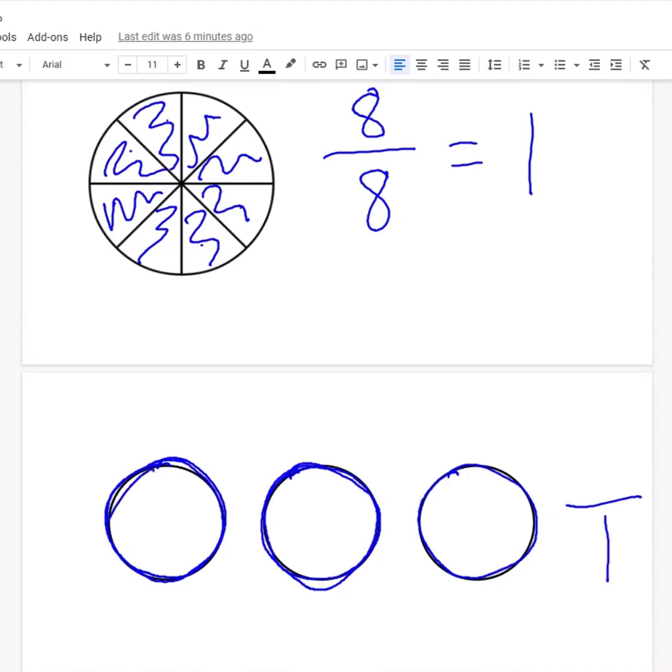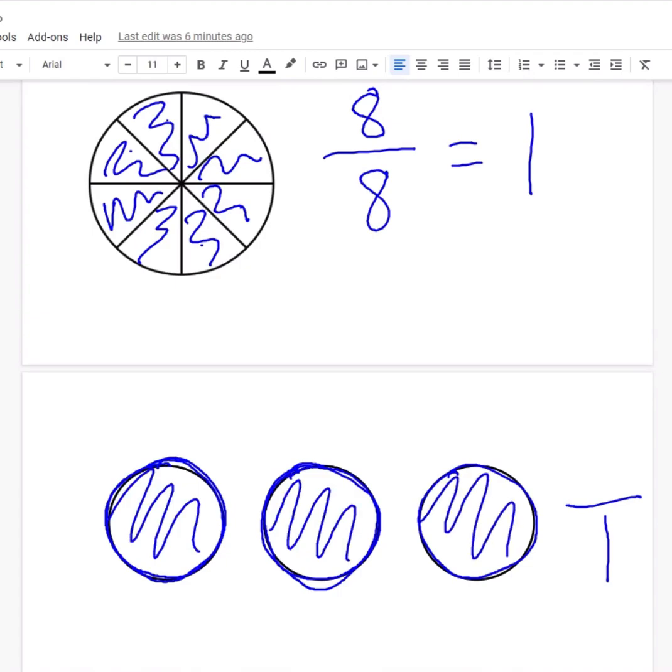Okay, so what if we had all 3 of these shaded in? You would have 1 part, 2 parts, and 3 parts, right? So you'd have 3 shaded out of 1. 3 are shaded out of the whole, which is 1.